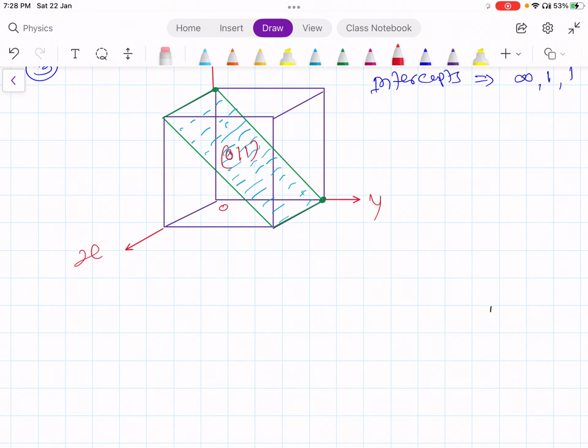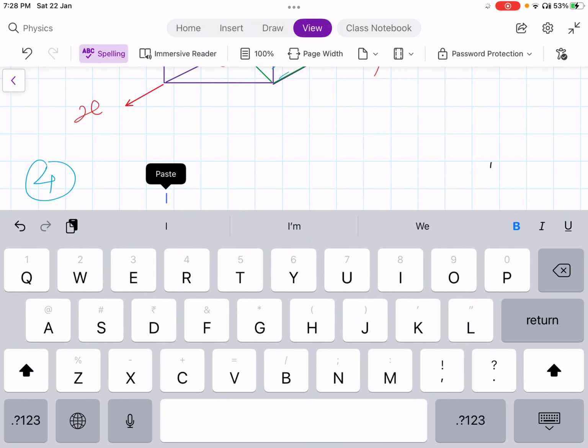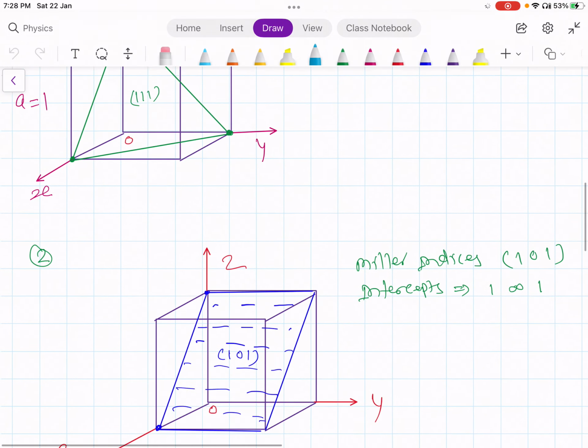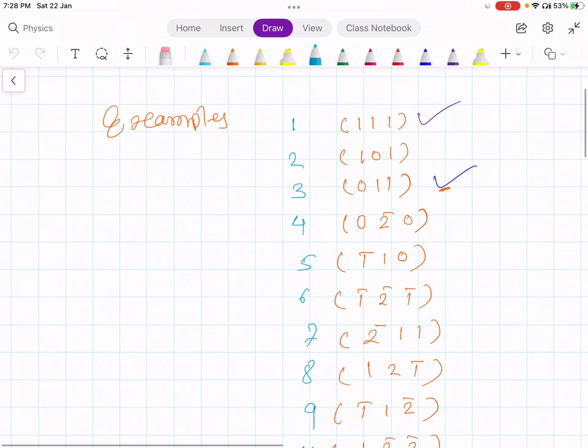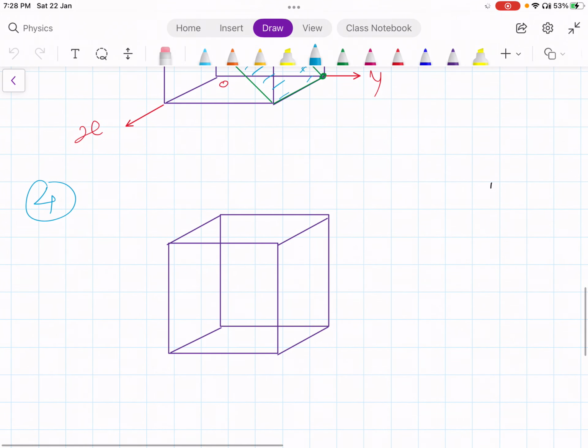Then let's draw the fourth one. First the unit cell. Let's see the intercepts of the fourth. The Miller indices given here are 0, 1 bar, 0.